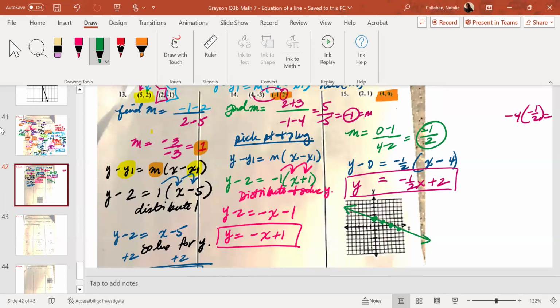Did everybody else get a good grade on the notebook check? I'm not sure. But yeah, everybody got the notebook. These are in the notebook.